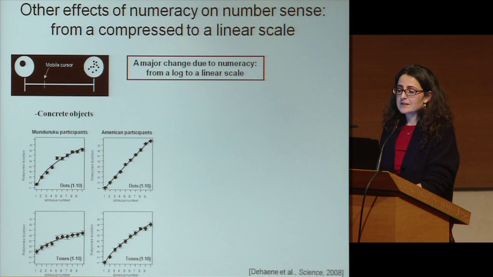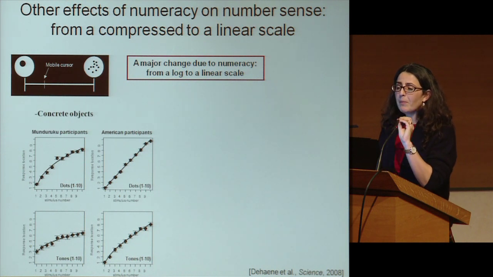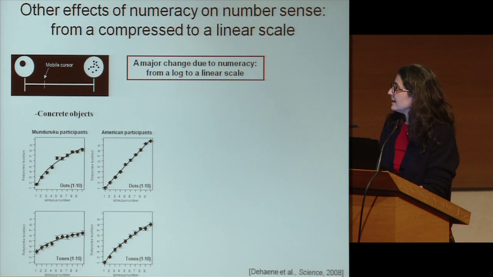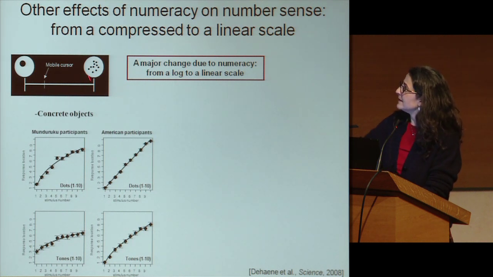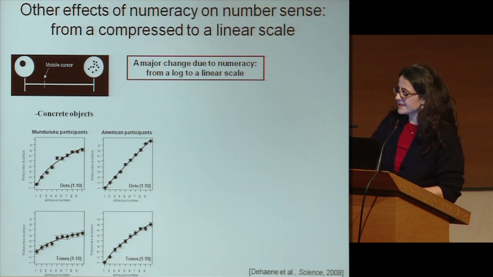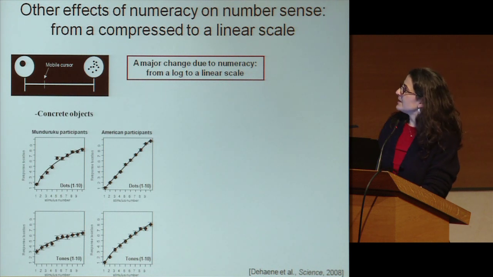There are other effects of numeracy on number sense. Not only does number sense become sharper, but there seems to be a shift from a compressed to a linear scale. Indeed, again studying Munduruku, our colleagues managed to show this in a very simple task in which there is a number line oriented from 1 to, for example, 10 in this example, concrete objects are presented, and participants are asked to position different quantities using a cursor along this line.